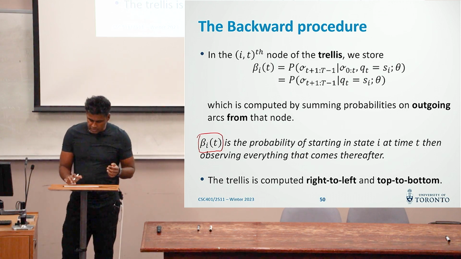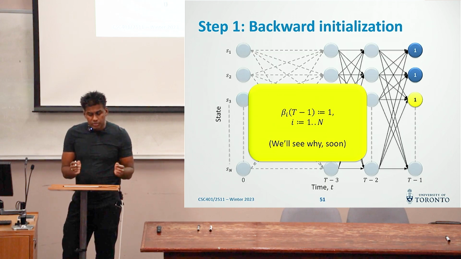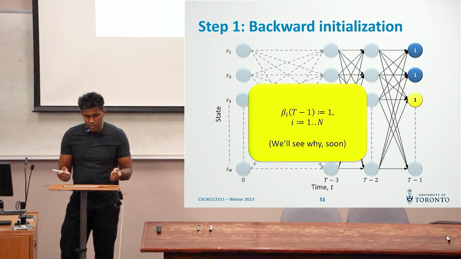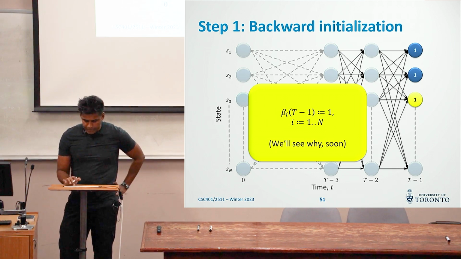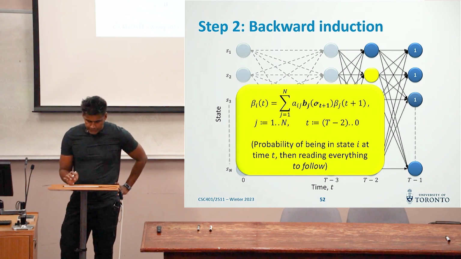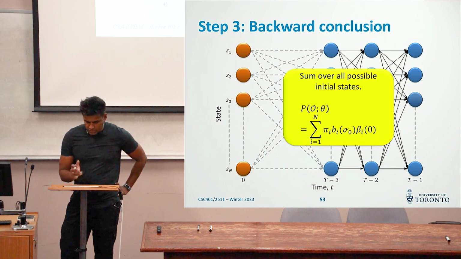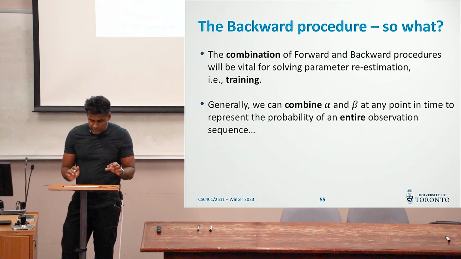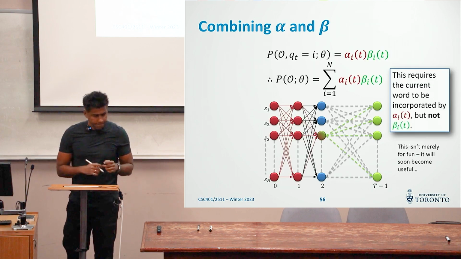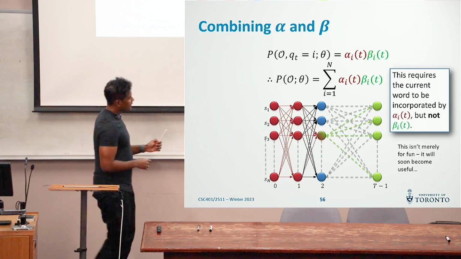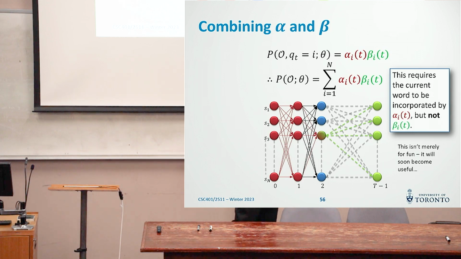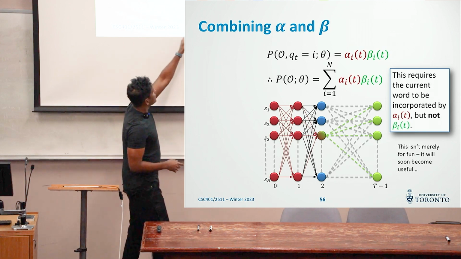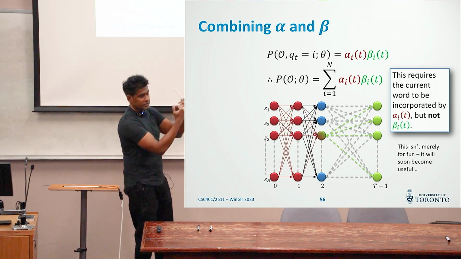The backward procedure also has 3 steps: the initialization step where we assign 1 to the final column, and then we go backwards and sum over the possible states. I'll review this at the start of next class, but the main idea is that with the alpha forward procedure you calculate your observation likelihood by going to T minus 1, and with beta you can calculate the observation likelihood at time 0.